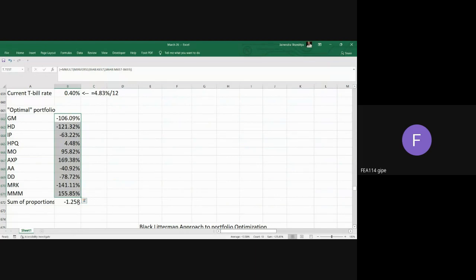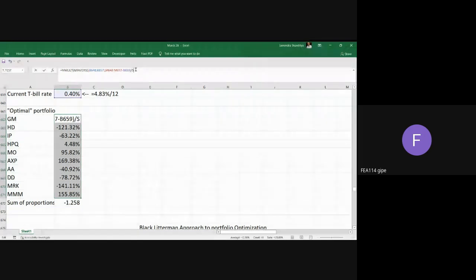So it's not summing to 1. Why? Because I have not divided it by the sum. If I divide it by the sum of the portfolio, it will give me 1.